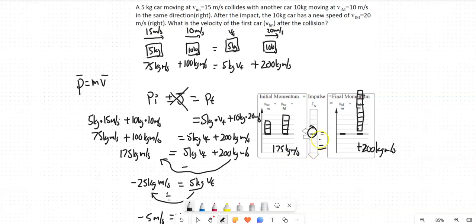Well, you have to subtract 1 block from this, right? And since that block is negative 25 kilogram meter per second, but that block is also equal to 5 kilograms V final, that gets you right at the answer very quickly.